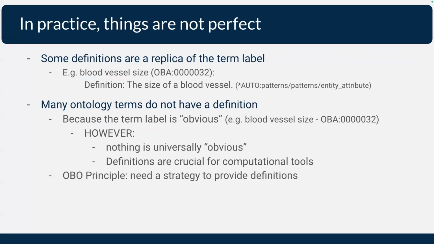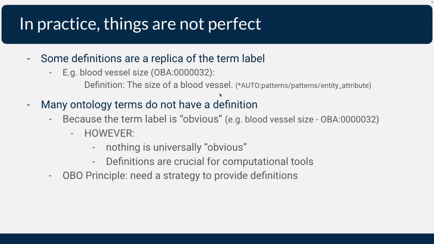just because of the time. So it is all good, but in practice, things are a bit different, right? We're all in ontology, and we know that it is not all perfect, and that's fine. We are working on that. So some definitions are often a replica of the term label. For example, a blood vessel size is defined as the size of a blood vessel.